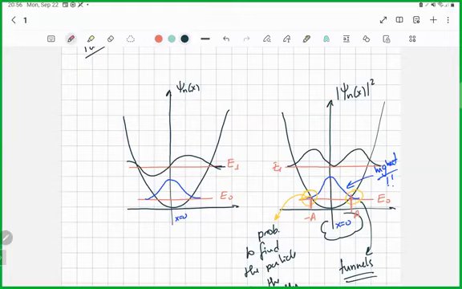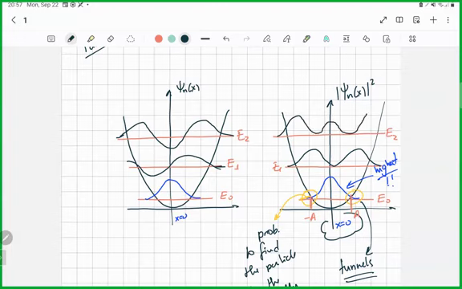Let me make one more for the energy E2, the second excited state. You're going to see that we always have this tail in the forbidden region, and then here and there. And if we now make the square, we have this, this, and this.